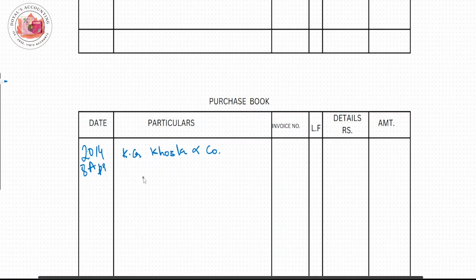In our purchases book, we will write the date, 2014 8th April, KG Khosla and Co. We have purchased goods worth 1,50,000 on which we are getting a trade discount of 20%.